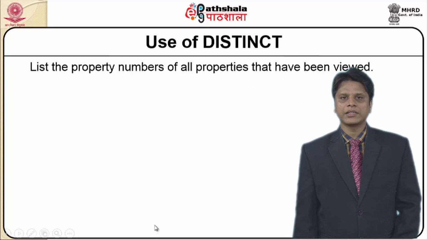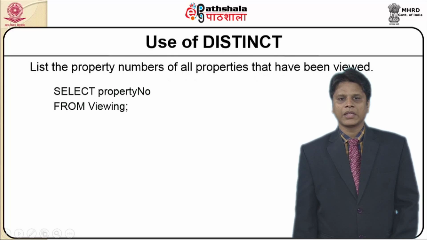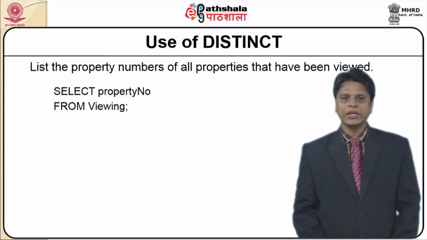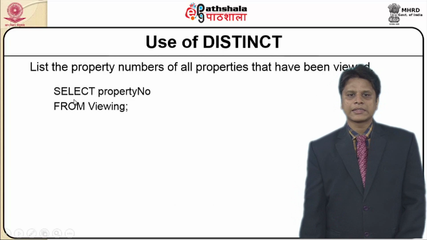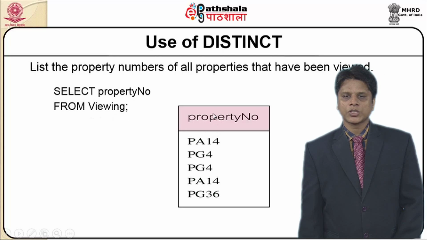How do we use this distinct value? List the property numbers of all properties that have been viewed. Here I am very specific that I need only the property number. Select property number from viewing will list only that column.